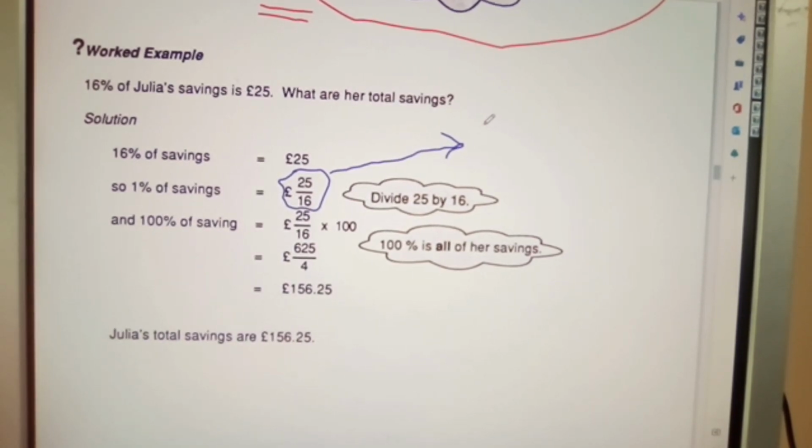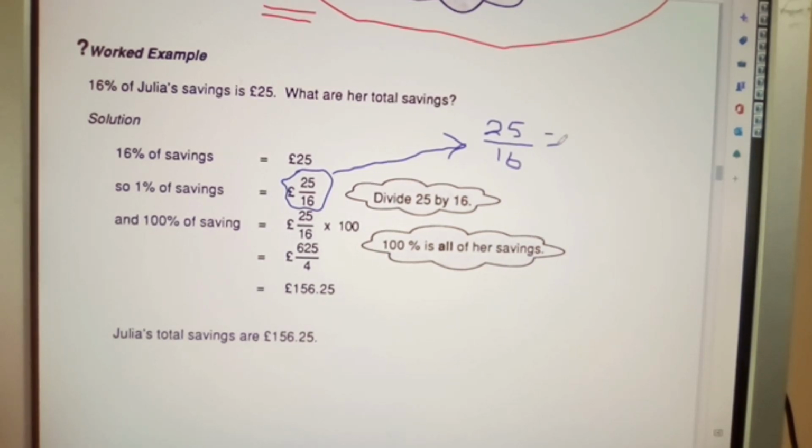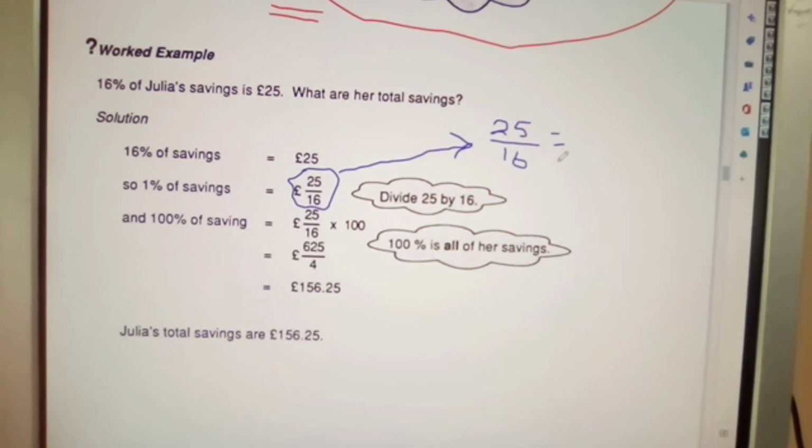So we're going to take 25 divided by 16 equals. Well, you tell me what 25 divided by 16 is.